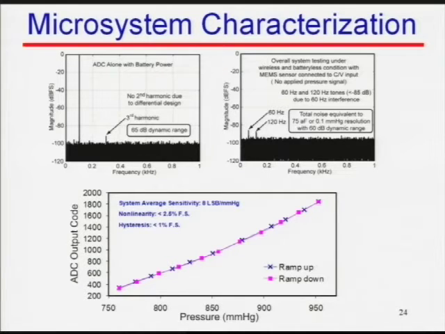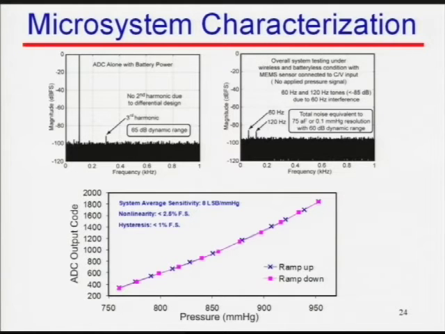And when you connect the ADC with the front end CV converter with the capacitive pressure sensor, without applying any signal, all of a sudden the noise goes up because the CV converter introduced noise. So the total noise is equivalent to 75 attofarad, which is equivalent to 0.1 millimeter mercury high resolution, corresponding to a 60 dB dynamic range, which is about what we designed for a 10-bit resolution.